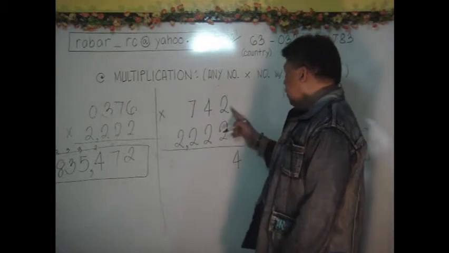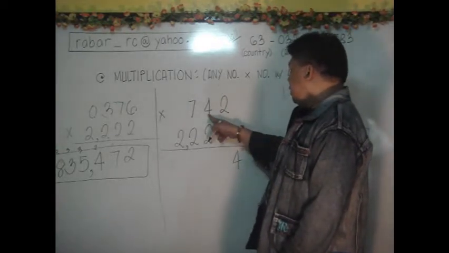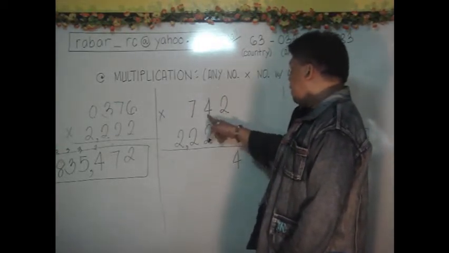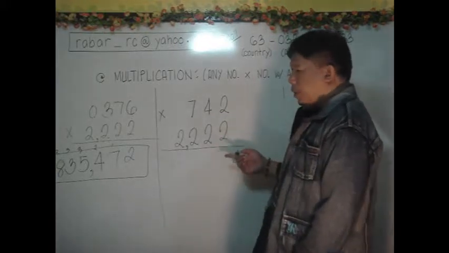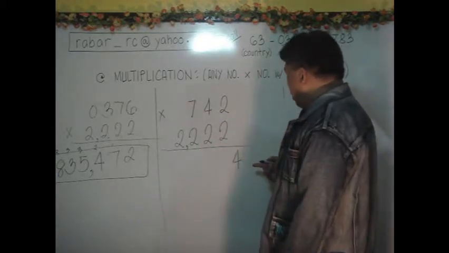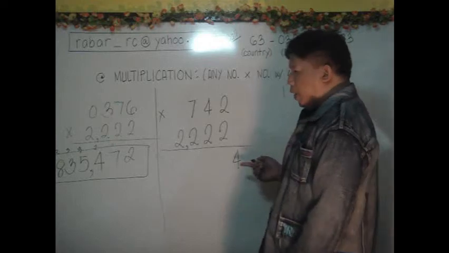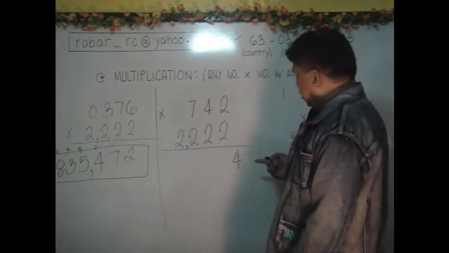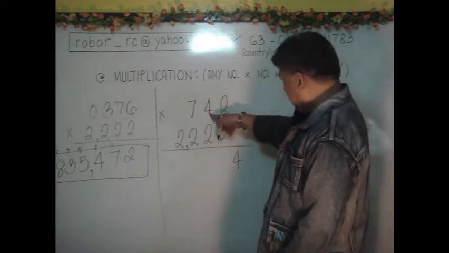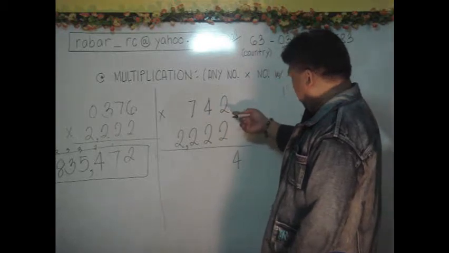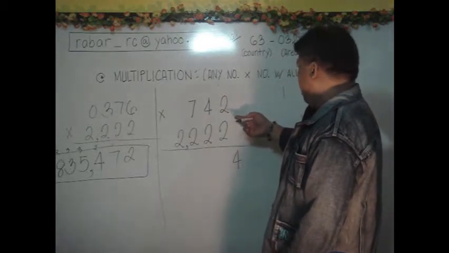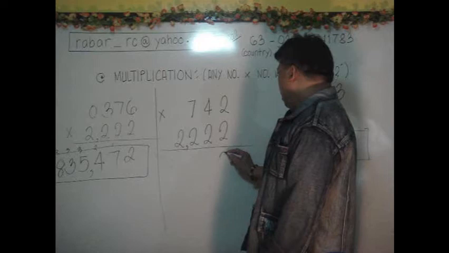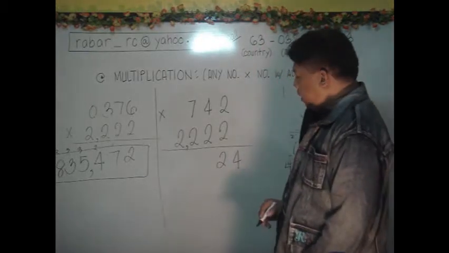Okay, then we consider 2 digits. We have 2 plus 4 is 6, then double it will give you 12. With no carryover, this is 12. This is 2 here.